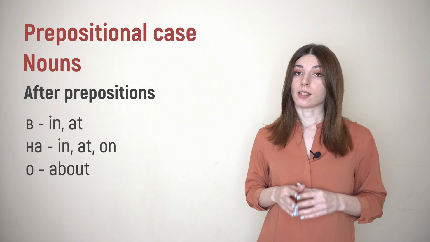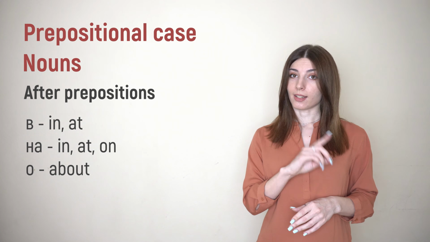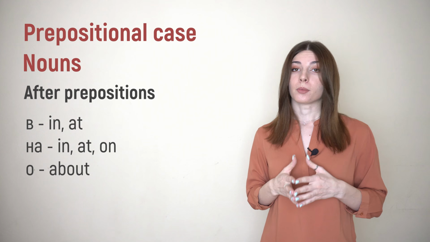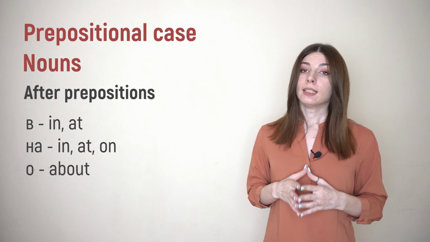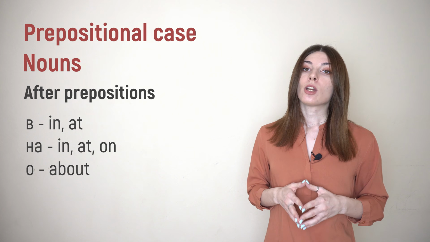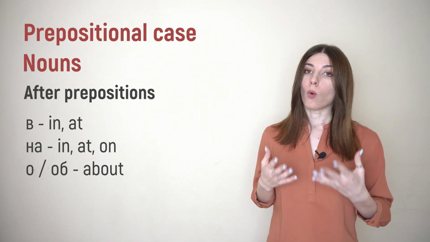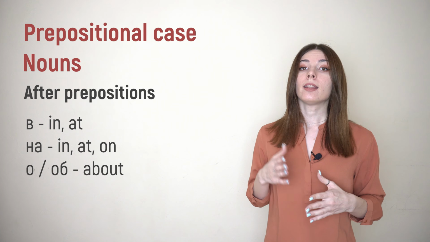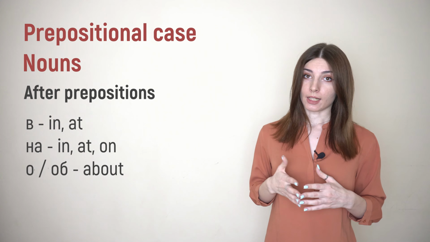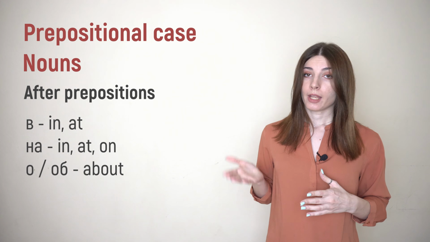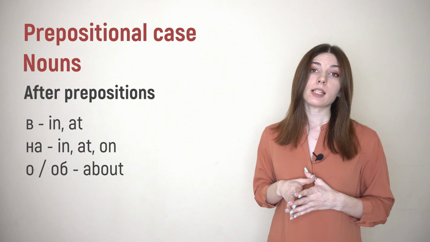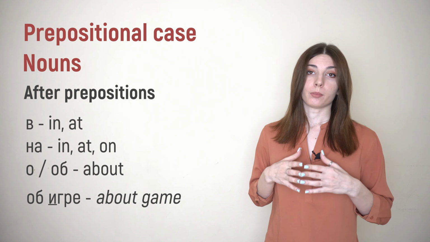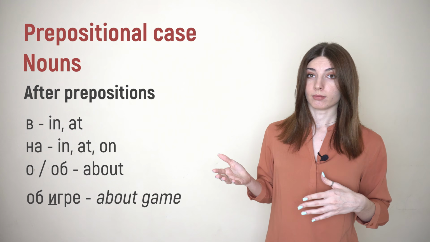So if you missed this video, you can watch it here. And о, as I said, it's pretty clear, but sometimes you can see об. This letter б we will add when the next noun starts with a vowel, any vowel. Like this, it can be об игре. And when we pronounce it fast, об игре.